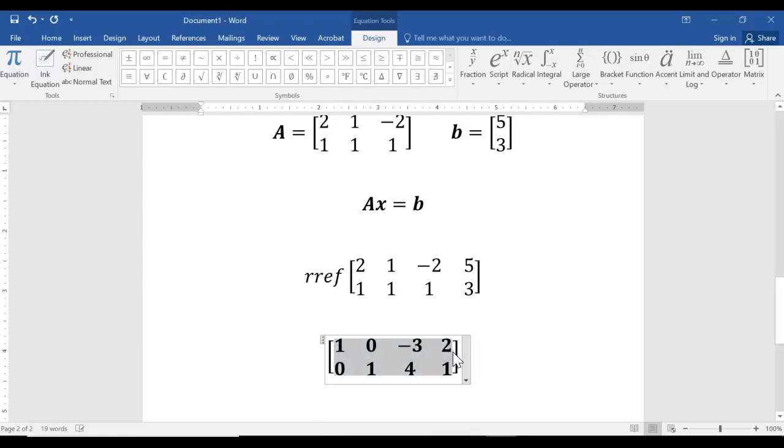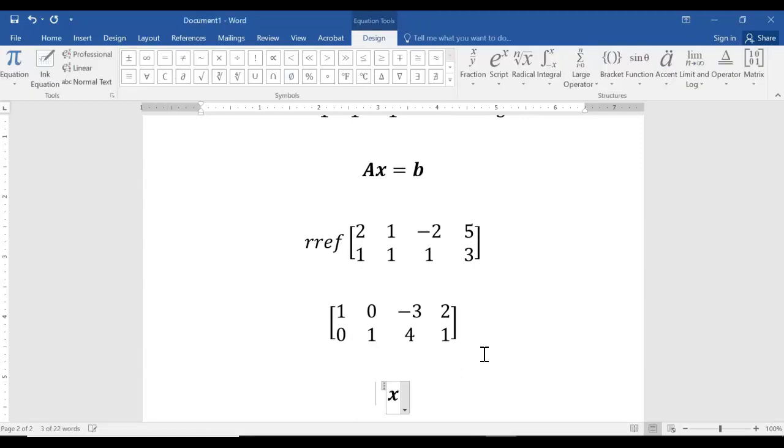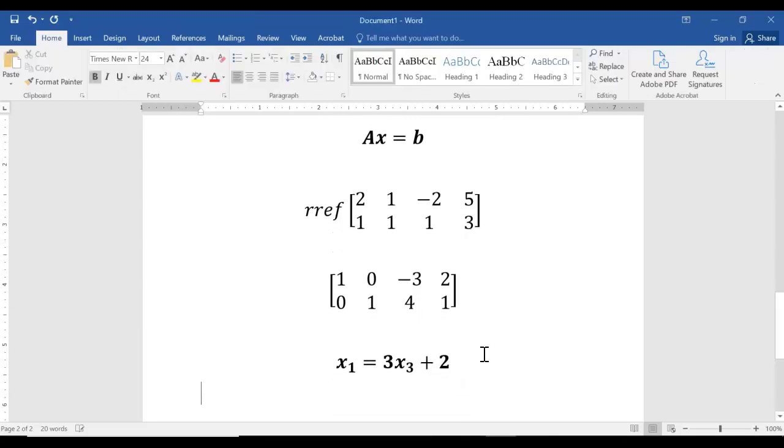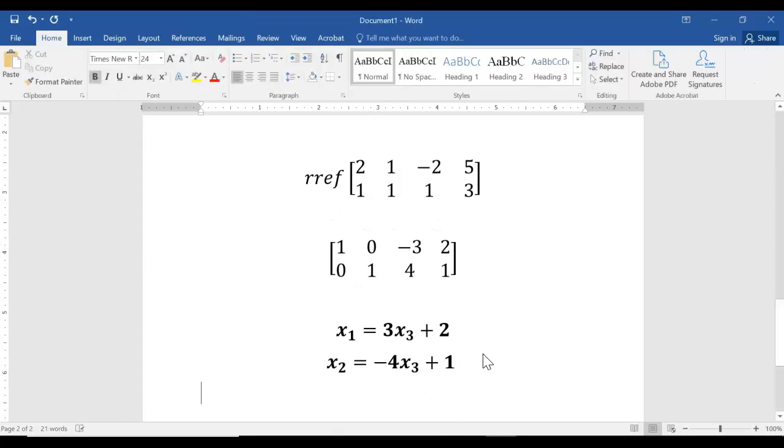So here's our augmented matrix. What does that mean? Well, the general solution would say x1 would be equal to 3x3 plus 2. It would also say x2 is equal to negative 4x3 plus 1, and x3 would be free.